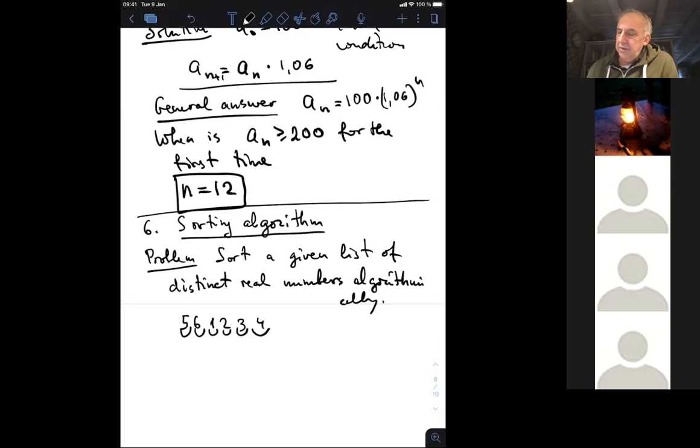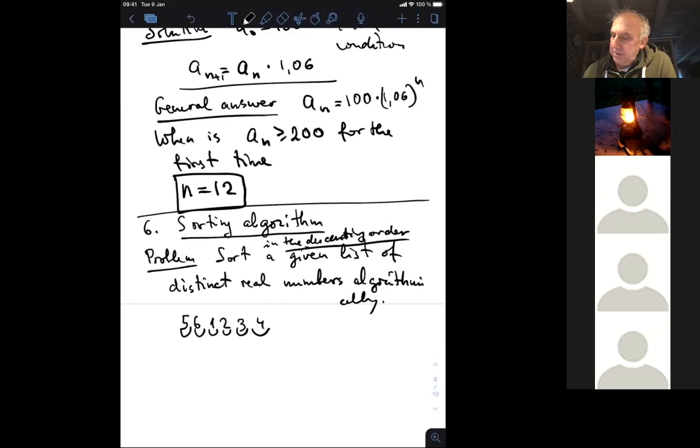So I want to find a procedure which will allow me, say, to sort them in the descending order, meaning that the next number is strictly smaller than the previous number. So how would the computer do this?